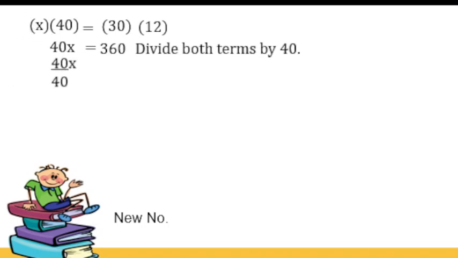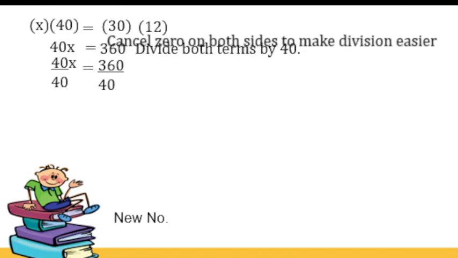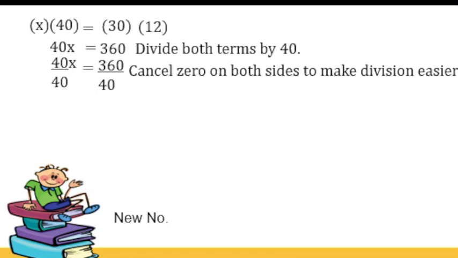So you have 40x over 40 is equal to 360 divided by 40. So you can cancel 0 on both sides, and then the 4 and 4, to make division easier. So that will become 0 and 0. 4 divided by 4 is x. And 36 divided by 4 is equal to 9.